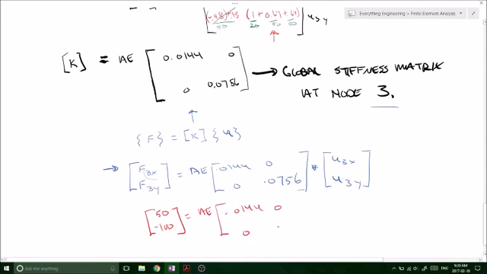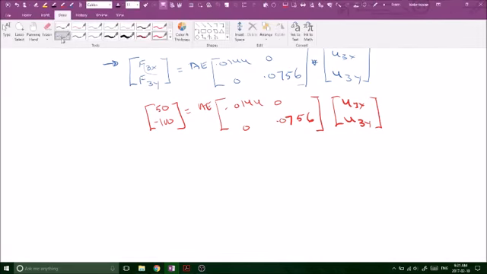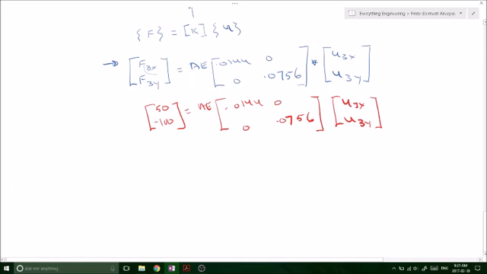And now you can see how easy this is, right? It's literally the exact same thing as the one-dimensional problem now. We've simplified it, made it super easy, and now we just need to do matrix multiplication and solve for our displacement equation. So matrix multiplication, we can show that 50,000 newtons.